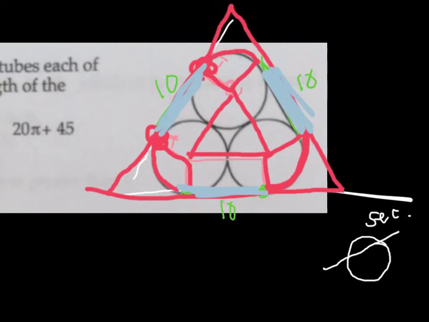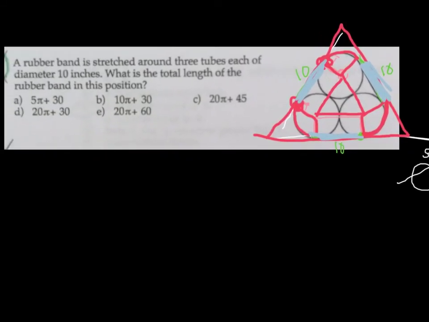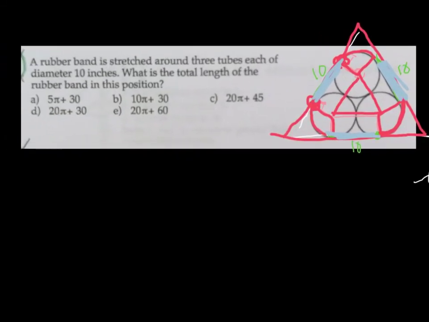In the end then, we've got a third of a circle, a third of a circle, a third of a circle, which makes one circle. So let's put it all together. We have 3 times 10.